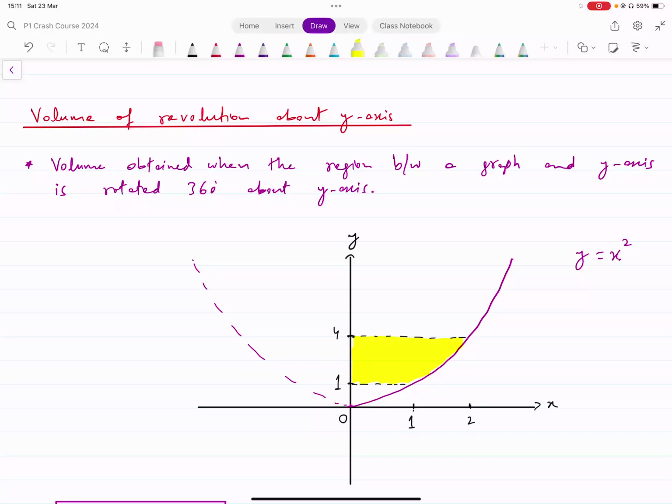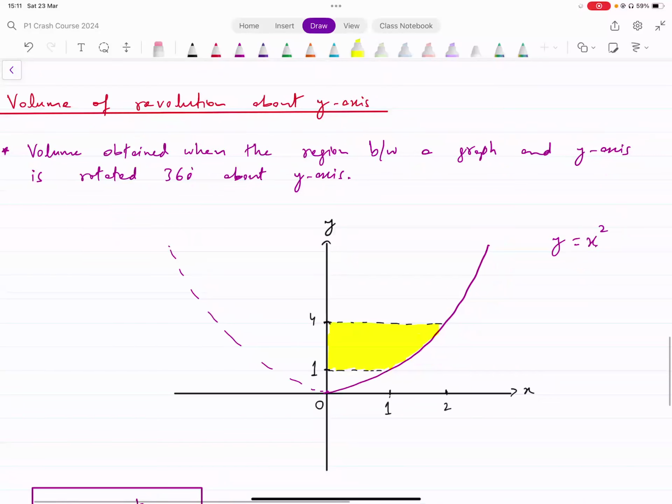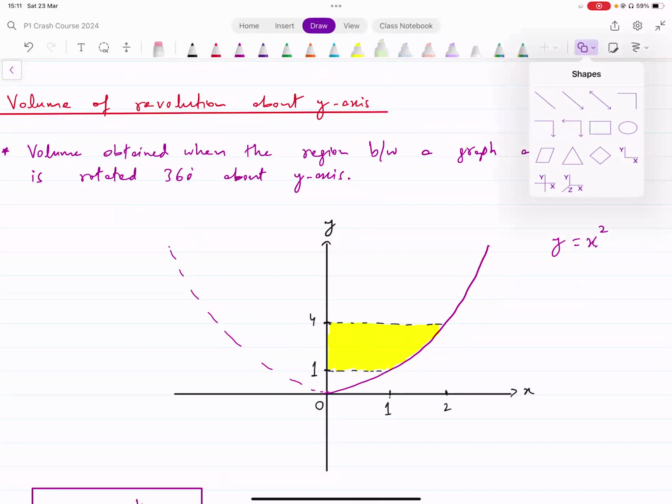We want to rotate this area about the y-axis. So now the axis of rotation in this case is going to be this y-axis. This is the line about which you want to rotate this area, 360 degrees about this axis. What would that give you? That will give you a shape that looks something like this.